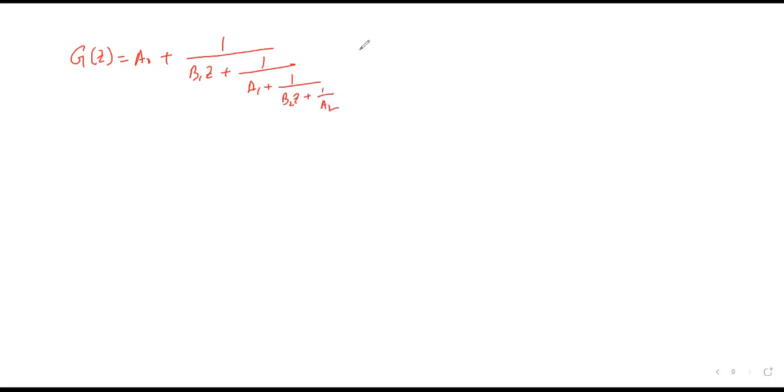Okay, so from that one, we have seen that this can be written as A0 plus 1 by B1Z plus 1 by A1 plus G2BZ.